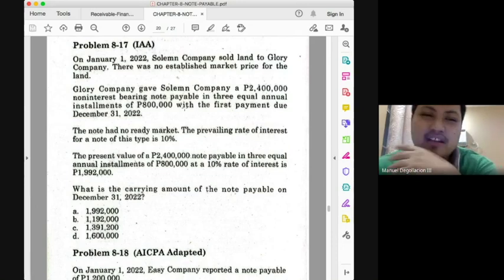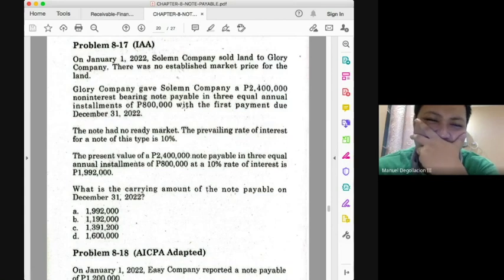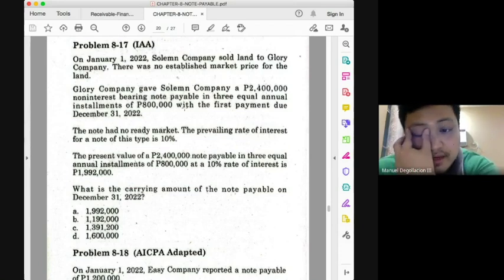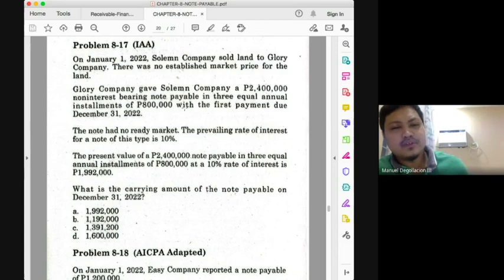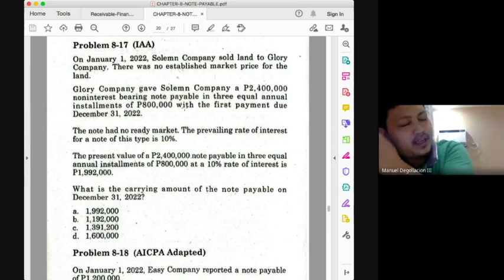Then you would ask, but it is non-interest bearing, sir. It does not matter. We do not subscribe to the idea that there is such a thing as non-interest bearing. When we encounter non-interest bearing, we just interpret it as interest being hidden, implied, embedded in the payments. So you will have to split the 800,000 between the interest expense and the amount that will be paid to the principal.